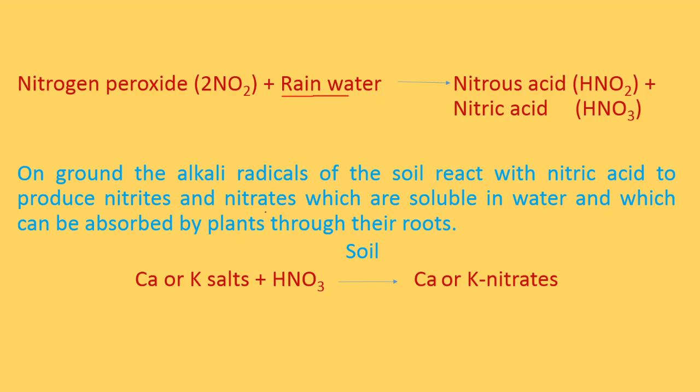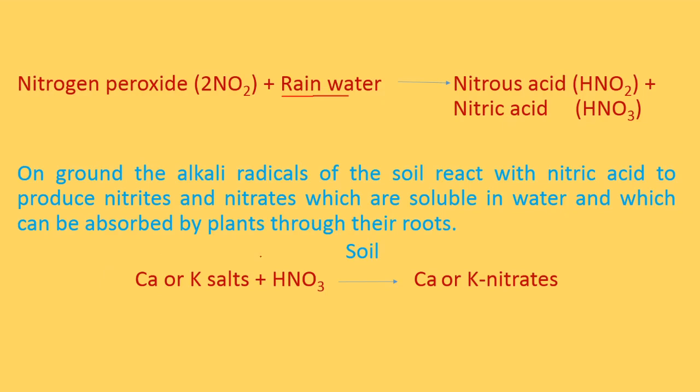So in this case, the alkali radicals which are already present in the soil, once this nitric acid or nitrous acid comes to the ground, or this nitrogen peroxide converts into nitrous acid and nitric acid, they will react with nitric acid and produce nitrites and nitrates, which are soluble in water and which can be absorbed by the plants through their roots.